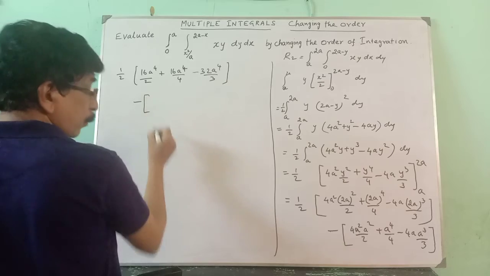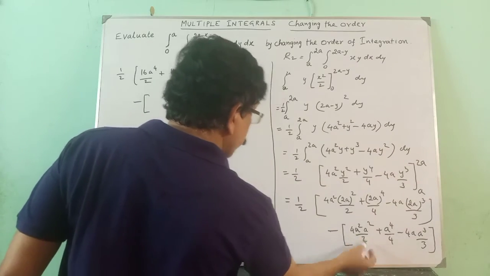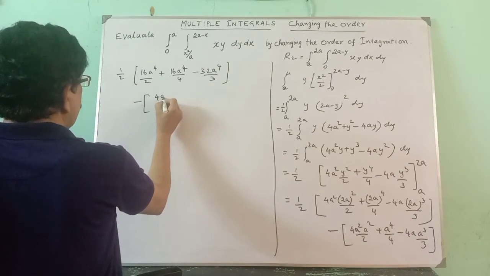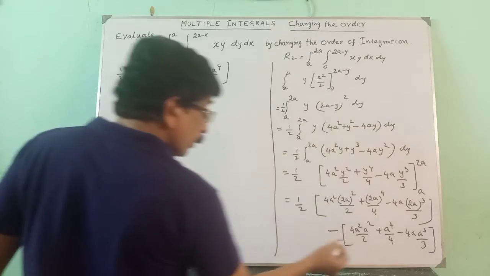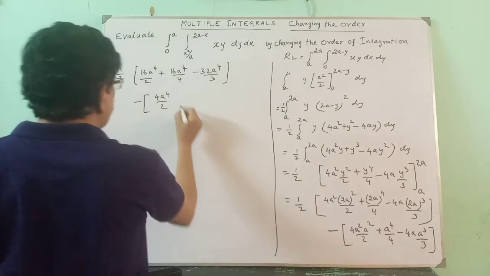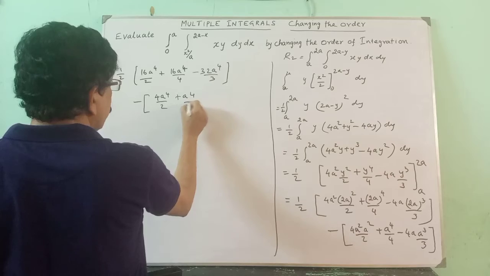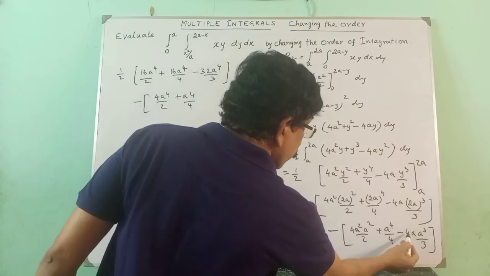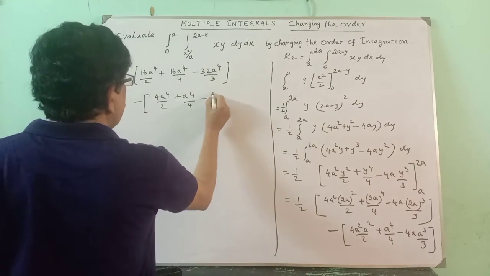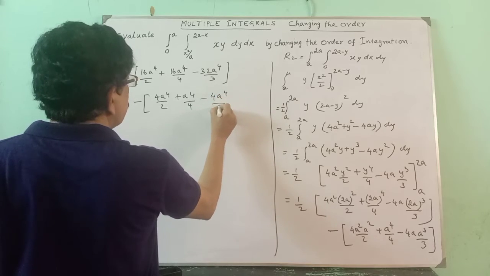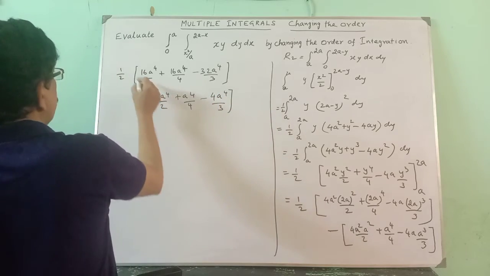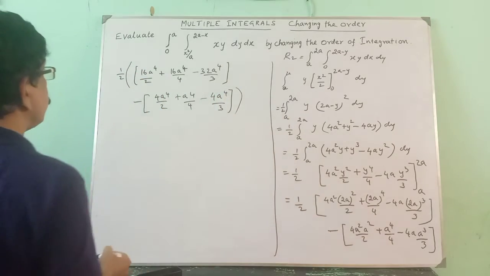Minus the lower limit: 4a power 4 by 2 plus a power 4 by 4 minus 4a power 4 by 3. Upper limit minus lower limit.